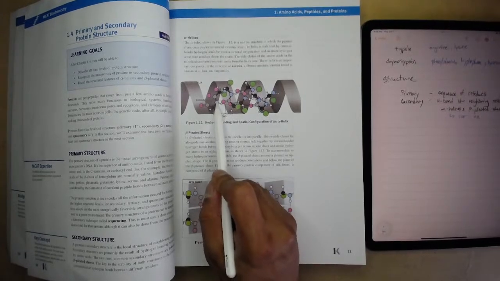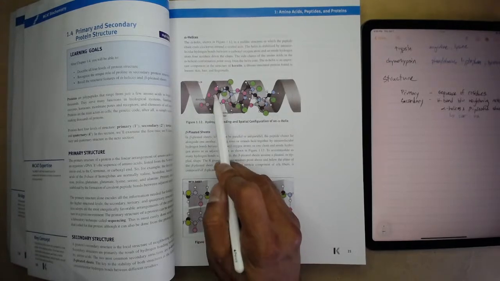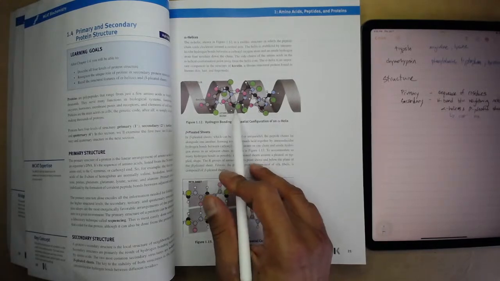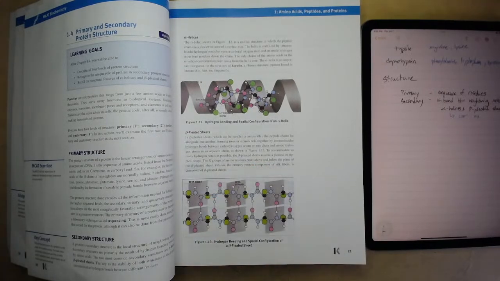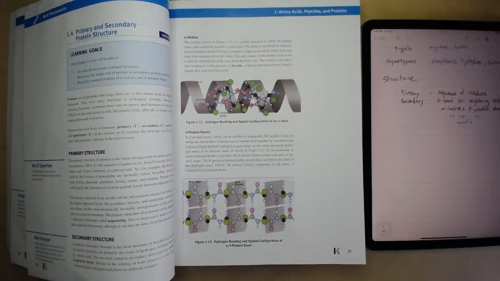The carbonyl is hydrogen bonded to a hydrogen, 1, 2, 3, 4 down. 4 peptides down the chain is what they're getting at. Let's also write down that it's in keratin. Side chains point away from the center. We'll see if that's important.